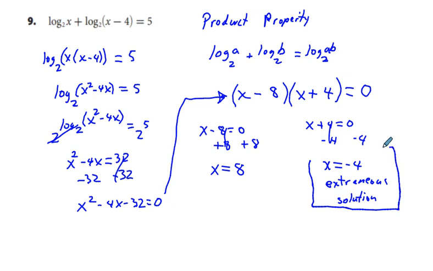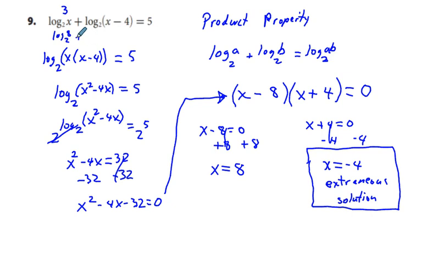Now, it's possible to have no real solutions also, so we're going to go ahead and examine 8. If we plug 8 back into the original equation, log base 2 of 8. So if we have log base 2 of 8, what power do we raise 2 to equal 8? Well, that's going to be 3.